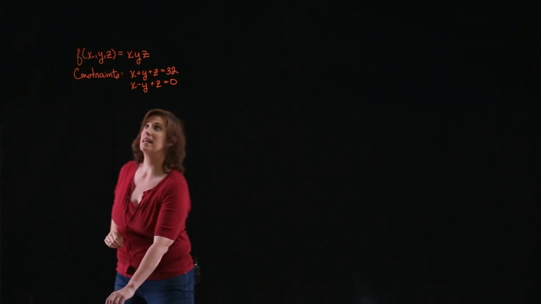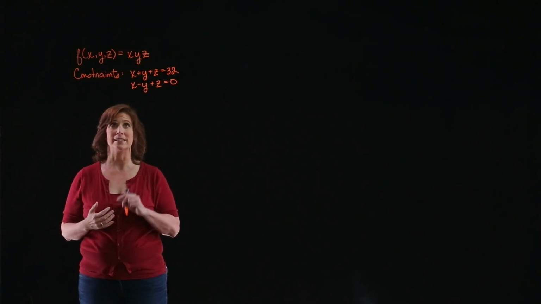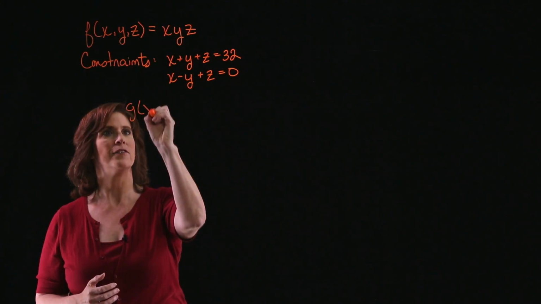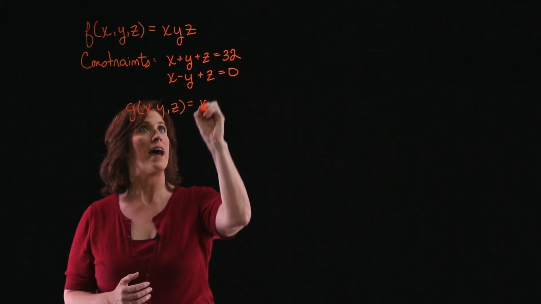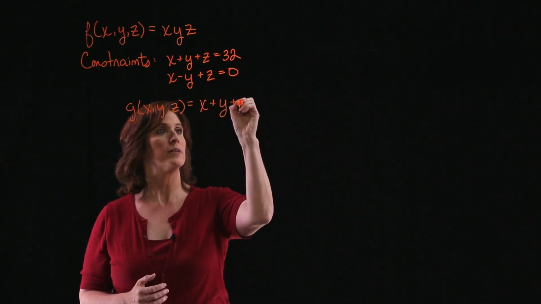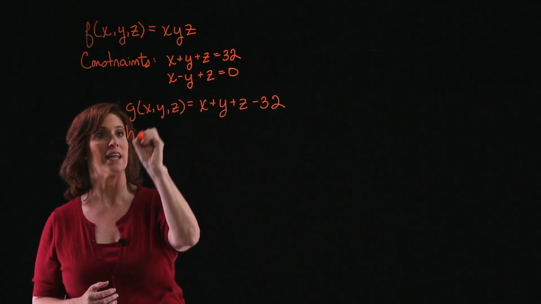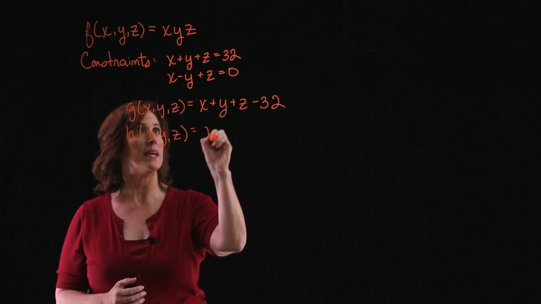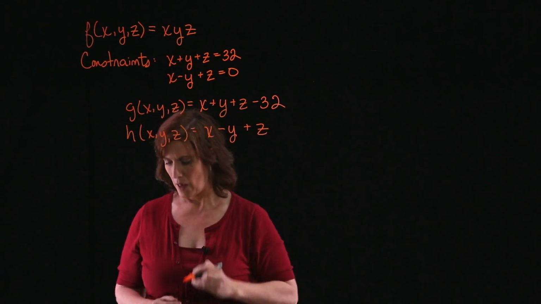So I'm going to begin by writing my constraints as functions of x, y, and z. My first function is going to be g of x, y, z equals x plus y plus z minus 32. And my second function, I'll call it h of x, y, z, is going to be x minus y plus z.